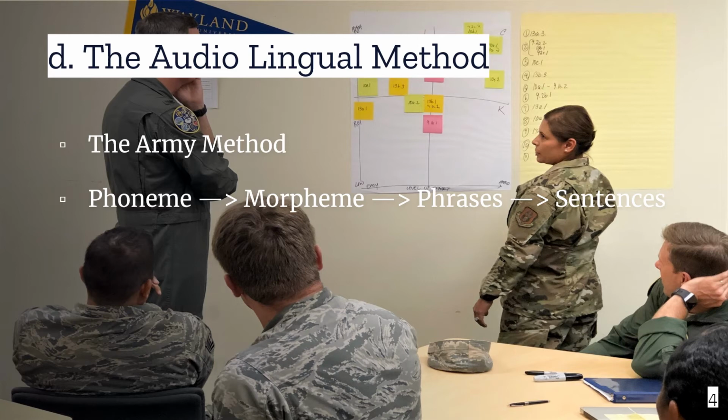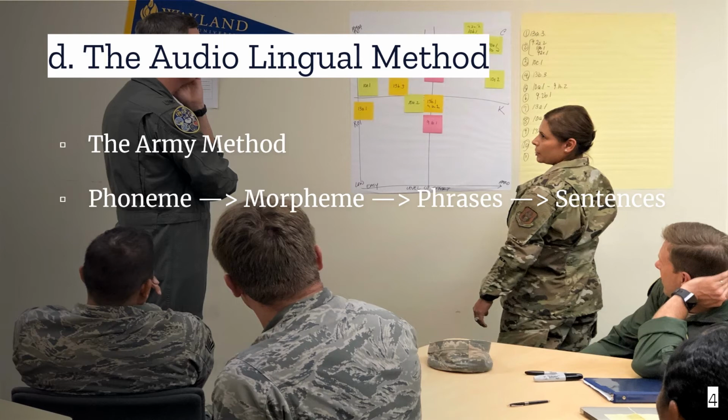This will happen with all the other components of language, be it phonemes, morphemes, phrases, clauses, or sentences. So through this method, the learners will learn how the elements of language are combined structurally.